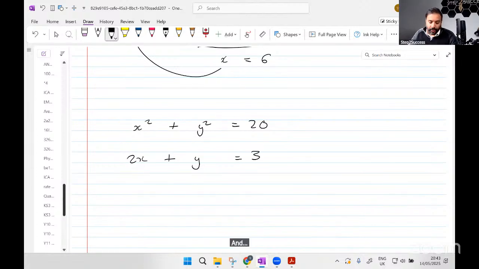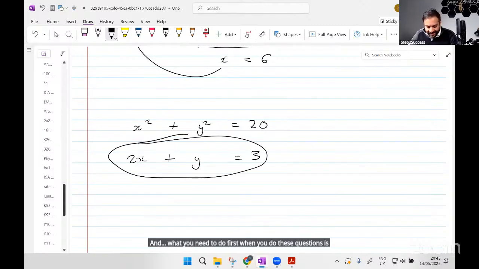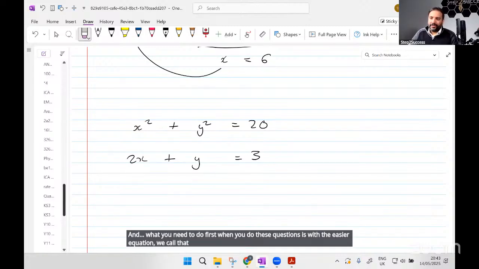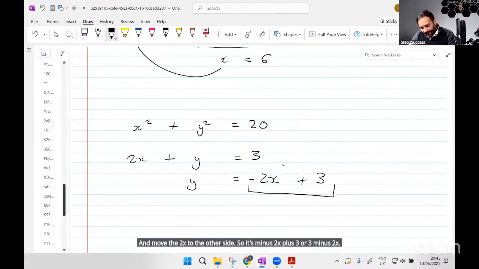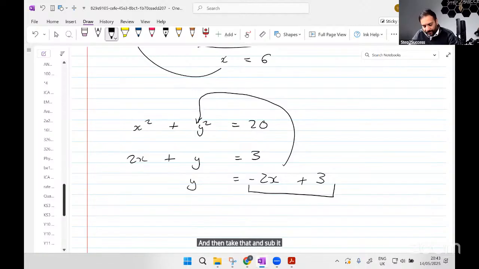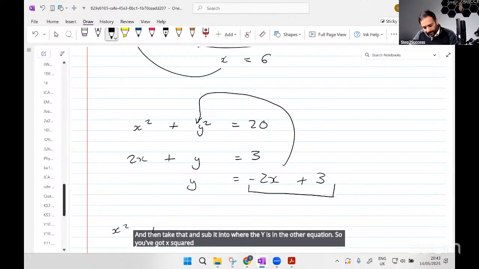What you need to do first is take the easier equation, the linear equation, and change it to make one letter the subject. The easiest way is to make y the subject and move the 2x to the other side. So it's minus 2x plus 3, or 3 minus 2x. Then take that and sub it into where the y is in the other equation. So you've got x squared plus the y changed to minus 2x plus 3, squared, equals 20.